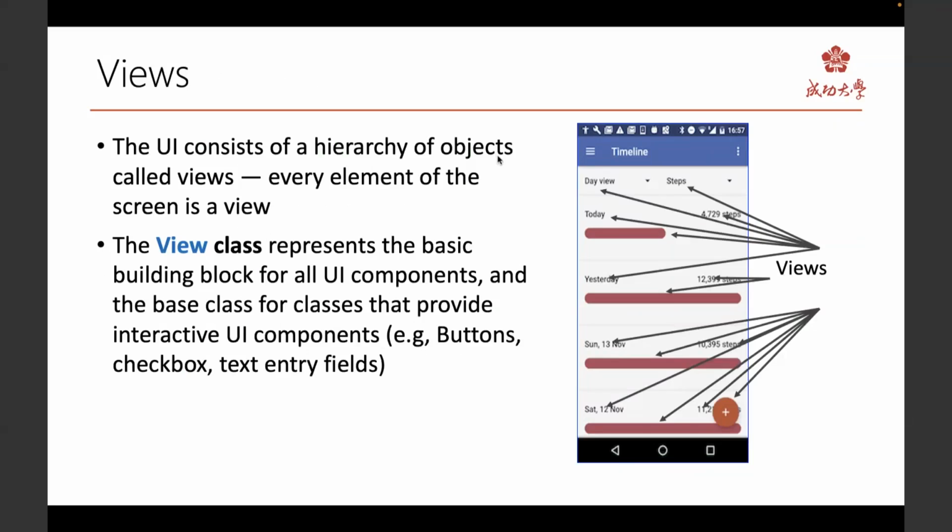In the Android SDK, the view class represents the basic building block for all UI components. So everything is a view. A button is a view, an image is a view, a label is a view. Everything you see on the screen is basically a subclass of the view class.